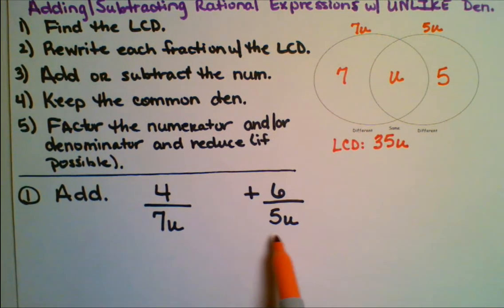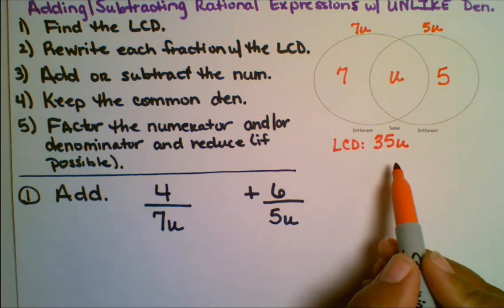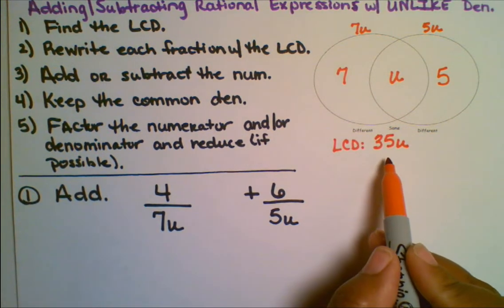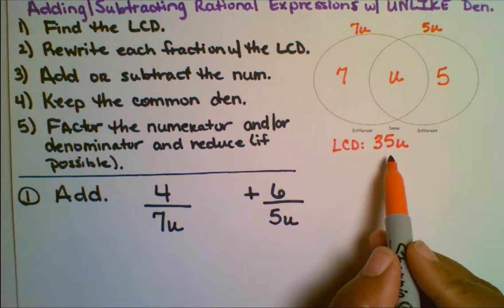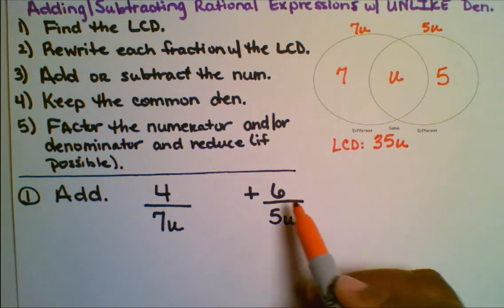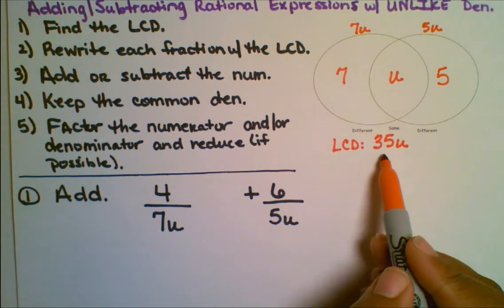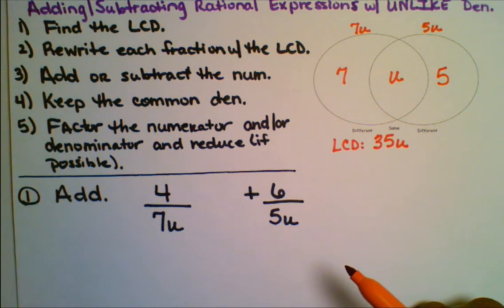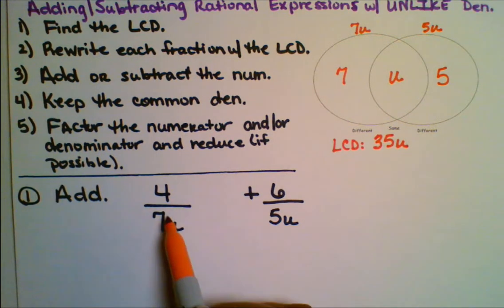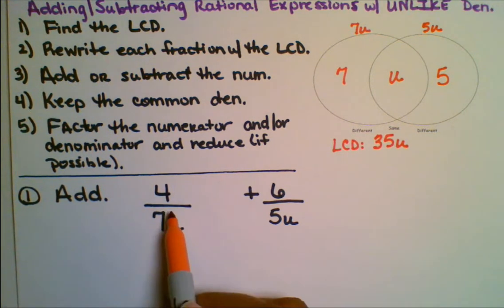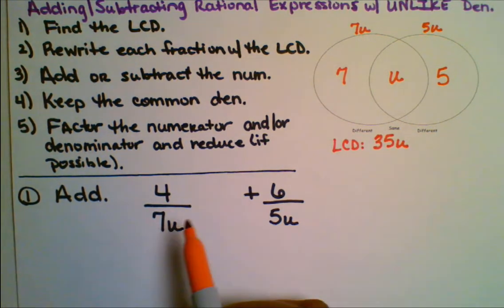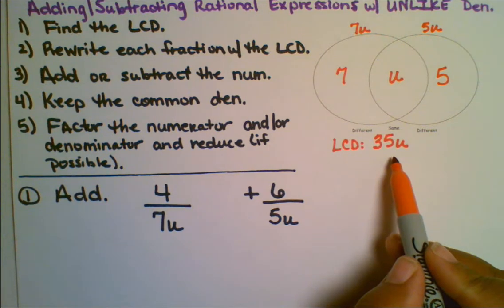So our goal is to convert each fraction into having a common denominator, the least common denominator of 35u. And we're going to use this Venn diagram to help us decide what we're going to multiply each fraction by so we can have the denominator of 35u. So let's look at the first fraction, 4 over 7u. What must we multiply the first fraction by so we can have a denominator of 35u?